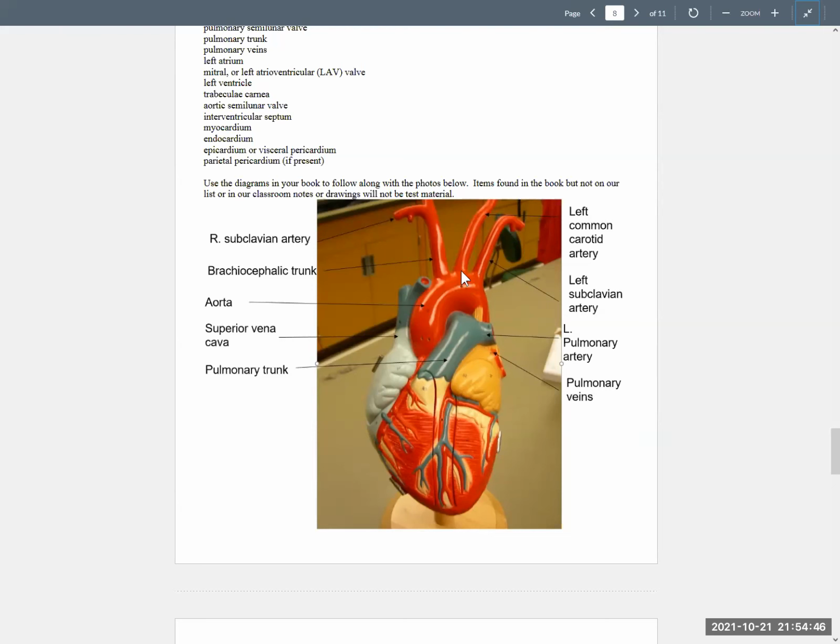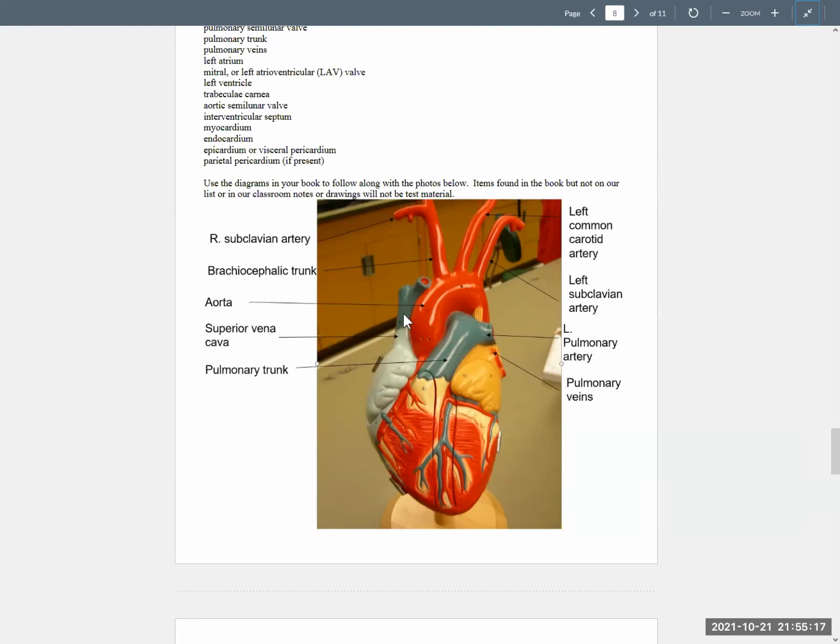Common carotid along the side of your neck. And the brachiocephalic, brachio meaning to the arm, that's this piece here, and cephalic, the part that's going upward, will become the carotid artery for the right side. ABCS: A, aorta, B, brachiocephalic, C, common carotid, S, subclavian.